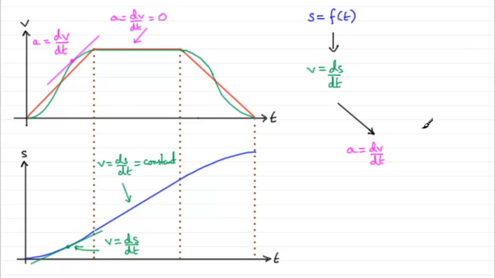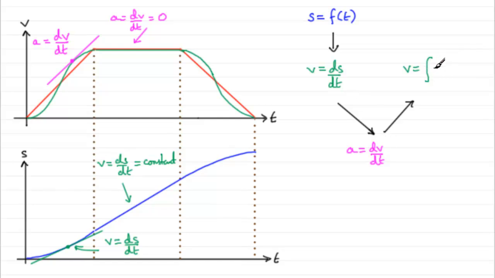So that's all very well. But we can actually reverse the process. If we've got acceleration, we can get back velocity. To get back velocity, all you need to do is integrate, do the opposite of differentiating.